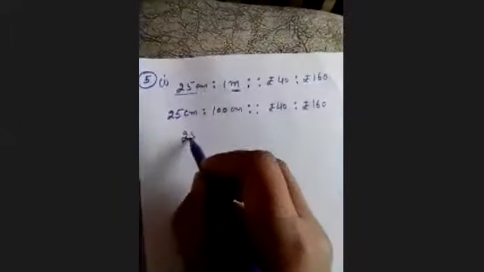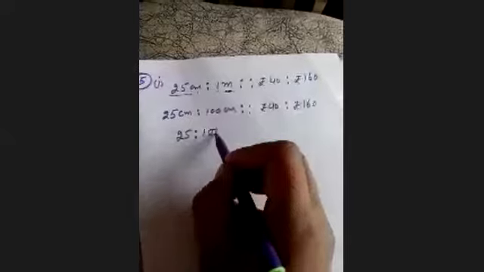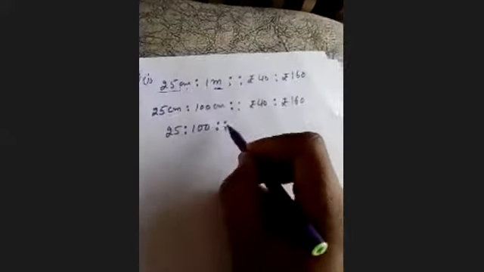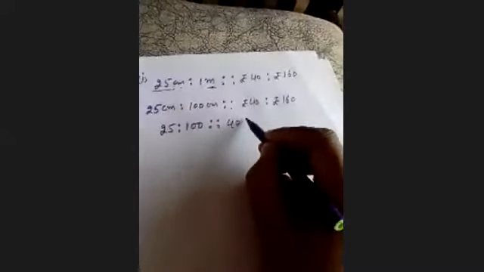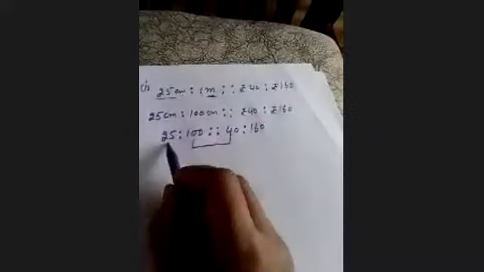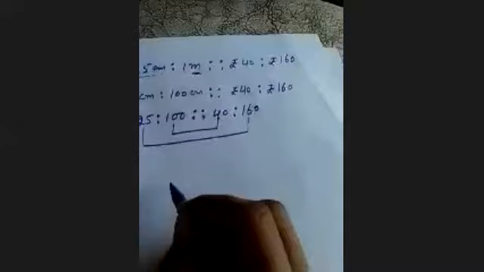Now 25 ratio 100, 40 ratio 160. Now find the product of mean terms and product of extreme terms.